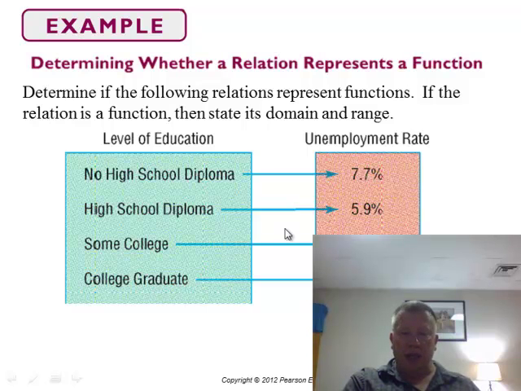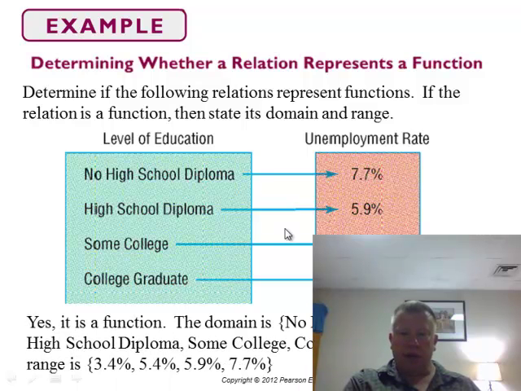The domain is going to be these 4 levels of education. The range is going to be these 4 percentages. And you could write the domain and the range as sets. Here's the domain, here are the sets using the curly brace notation. And here are those 4 percentages within a set of curly braces.